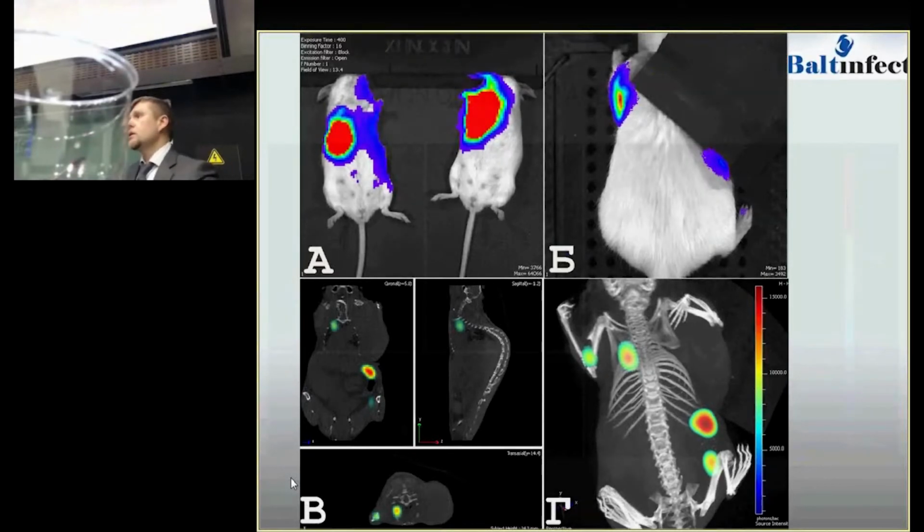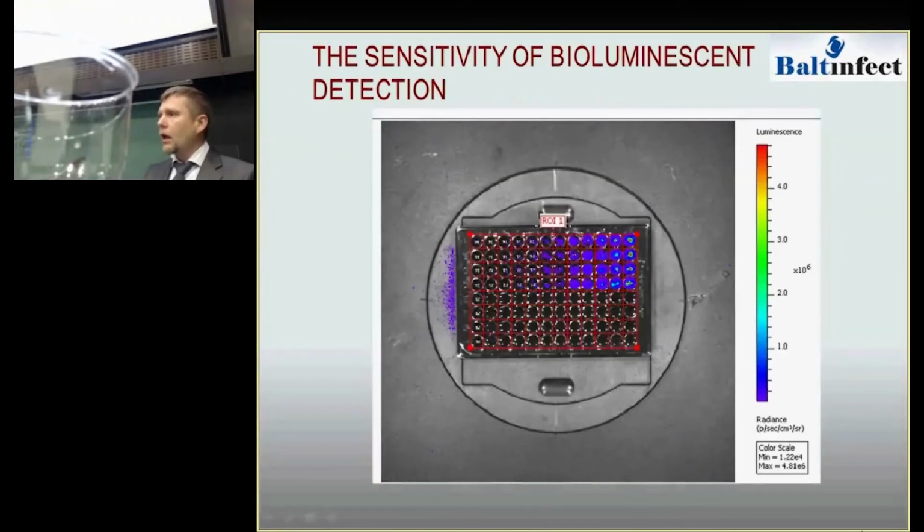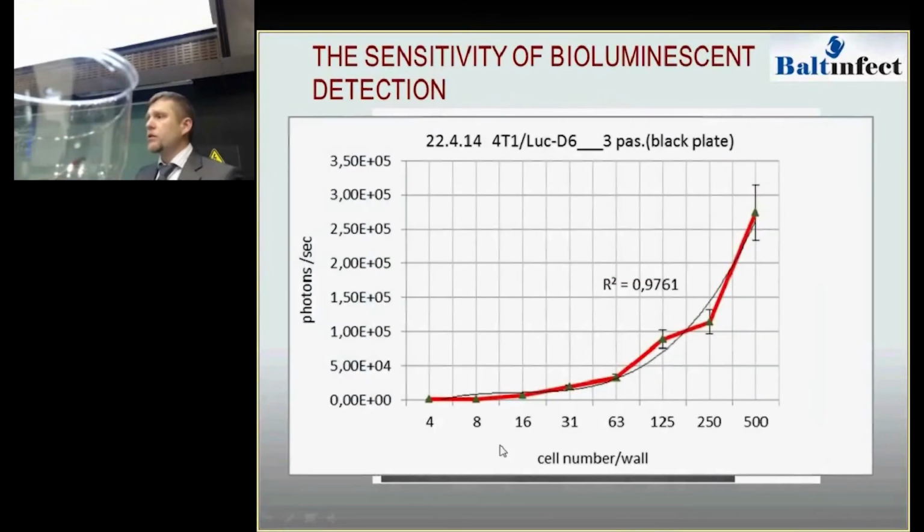And of course we were interested in the sensitivity of our detection, how many cells in a metastasis we could detect. Here you can see metastasis in lungs and in bone. In vitro we estimated how many cells we could detect. We could distinguish light from 16 cells from 8 cells. But of course it's data in vitro.